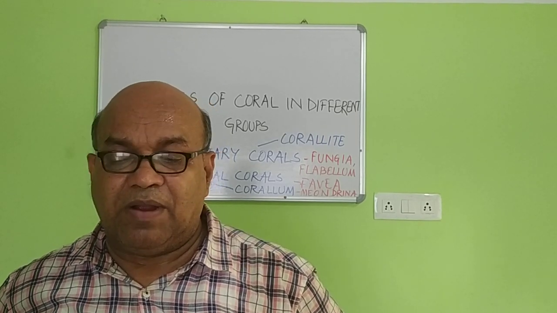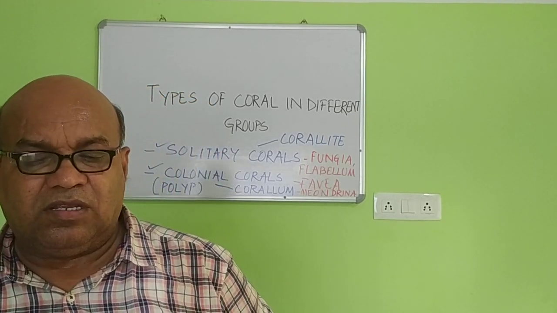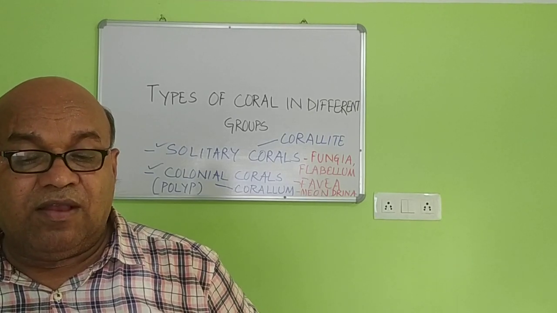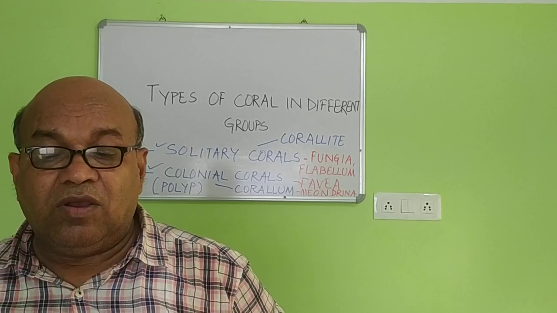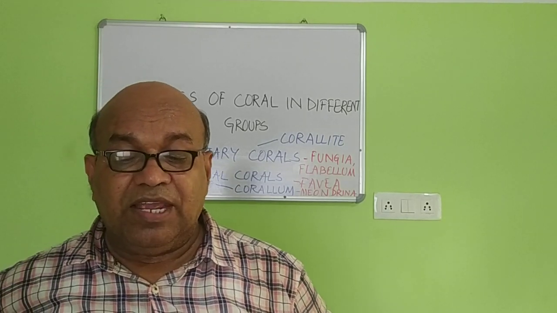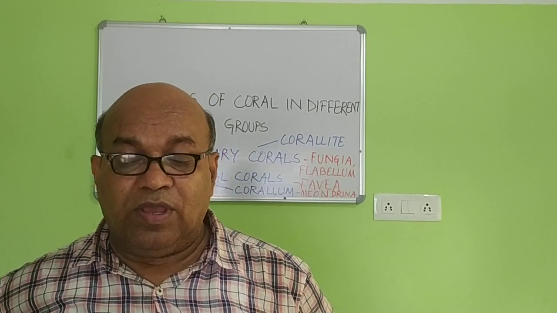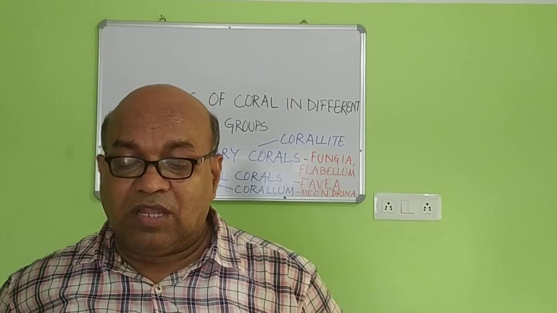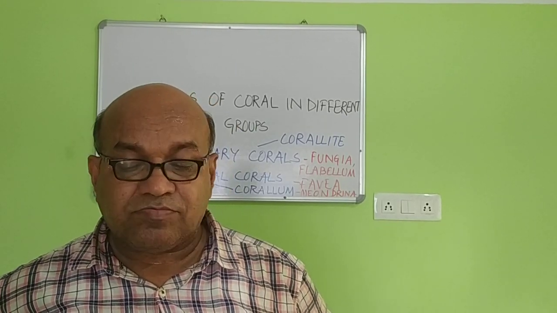The 3 methods are: one is fission, second is bailout, third is fragmentation.